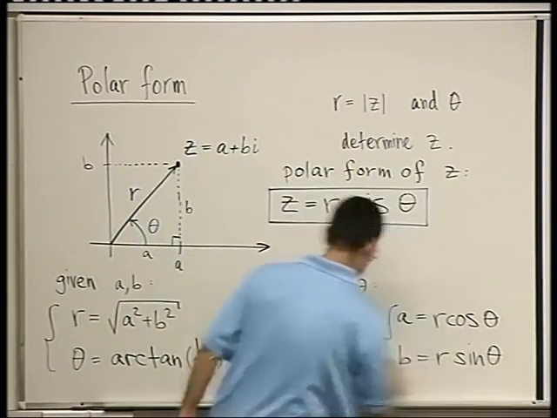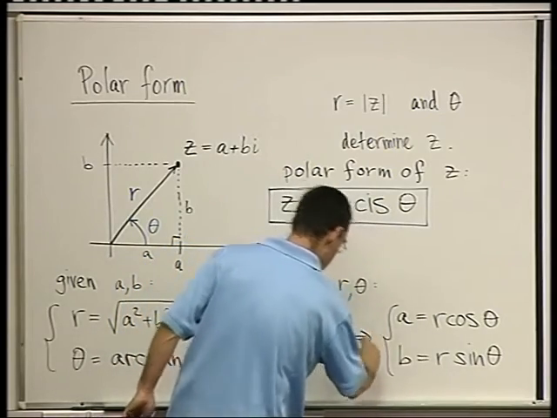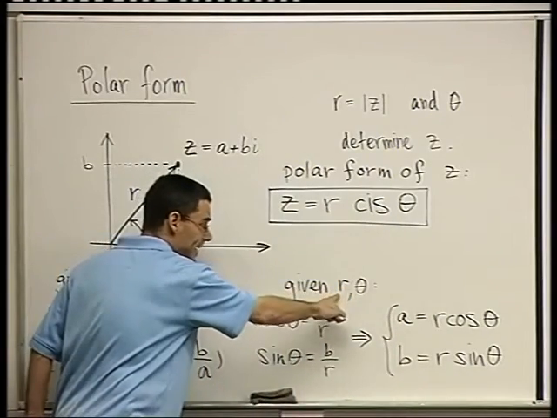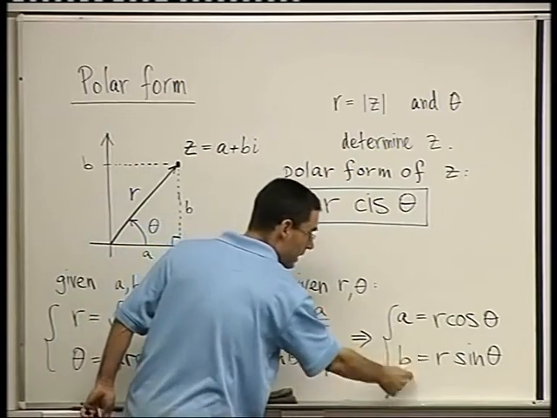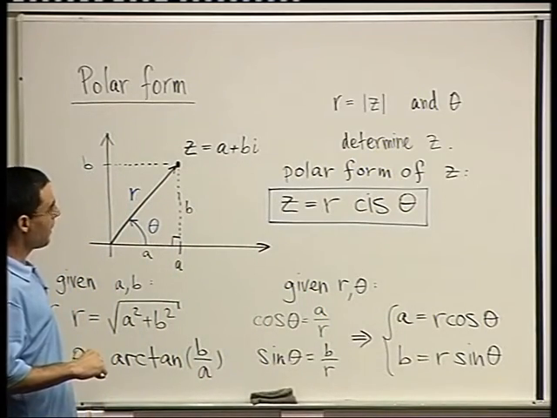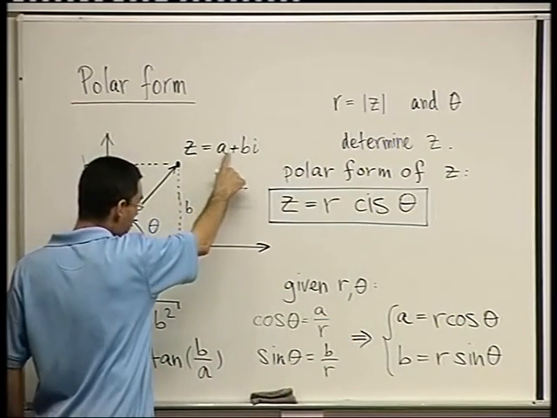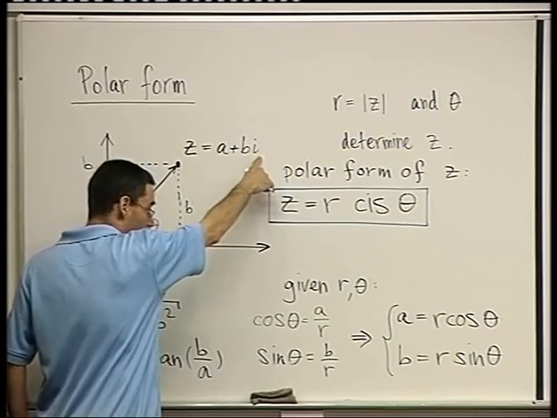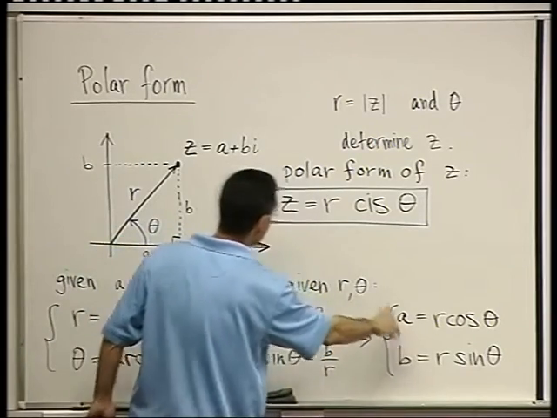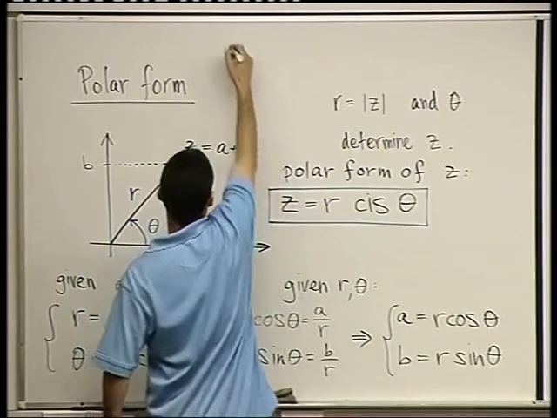So maybe let's write it like this. Both of these facts imply that given r and theta, we can easily find a and b via these formulas. And now think for a minute. If we know a and b, then we know z is written as a plus bi. But if we replace, let's write it up here.